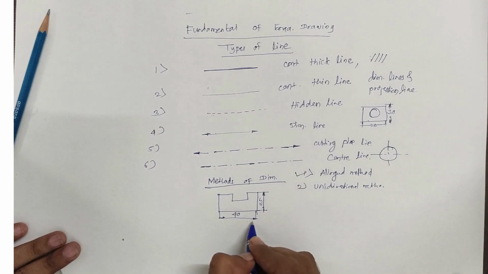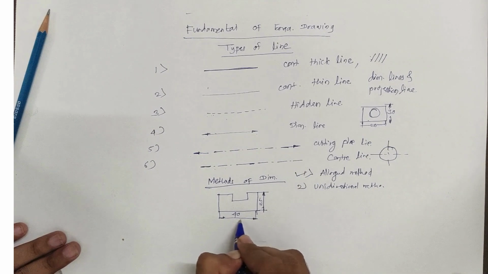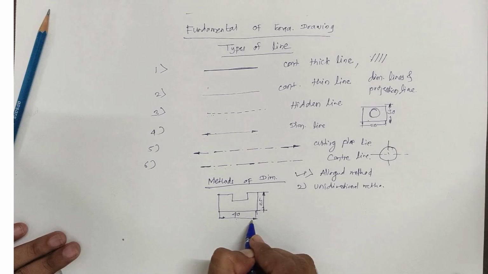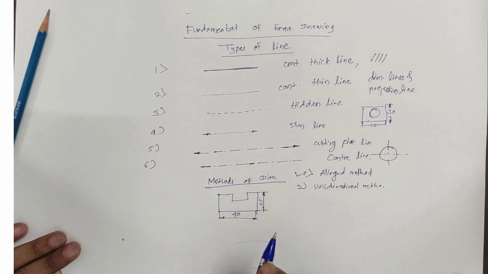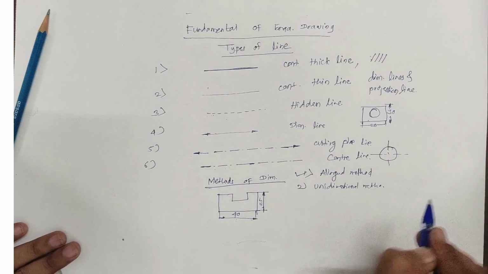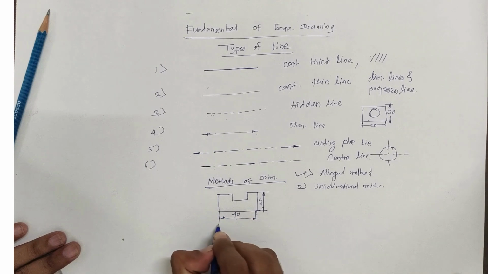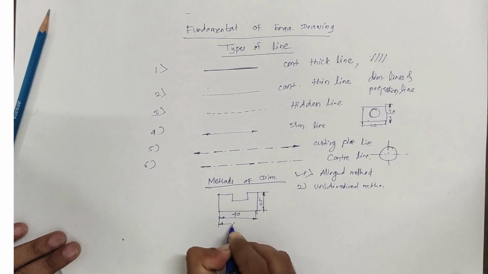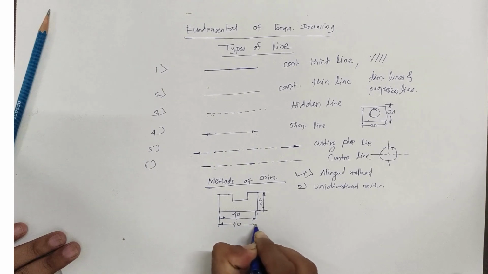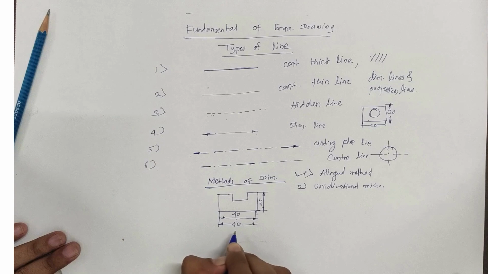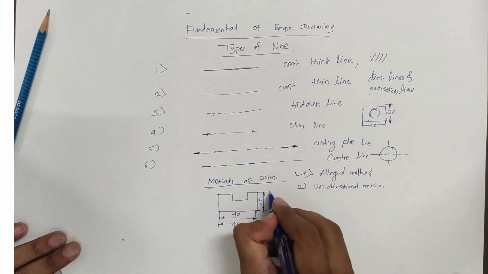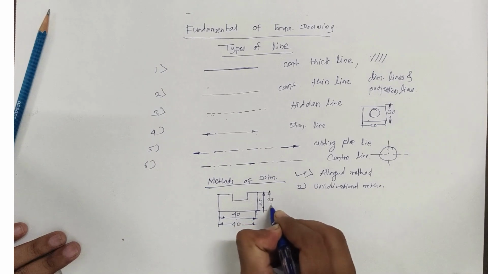In the aligned method, whatever the dimension, it should be in the center, and perpendicular to the dimension line. And in the unidirectional method, the dimension is shown like this, meaning it should be in the center, and again here, suppose 25.